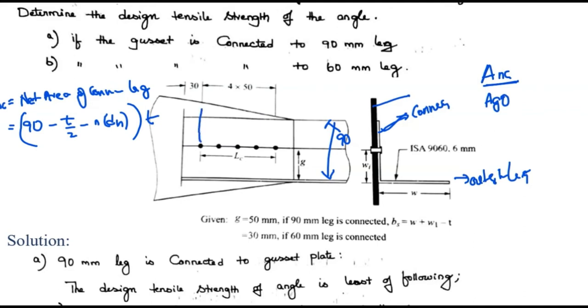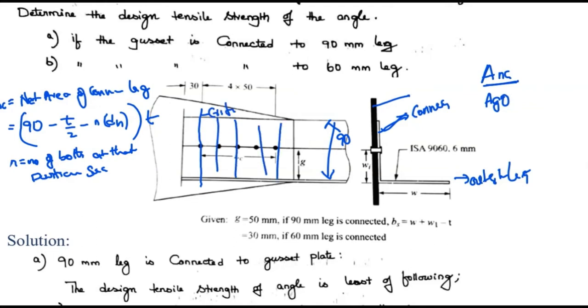At this particular section, how many bolts are there? n is equal to the number of bolts at that particular section. This is the critical section. Of course, there are many critical sections that you can draw, but all these critical sections are similar. Every critical section has only one hole. So if you take one critical section here, what will be the value of n? n equals 1. Therefore 90 minus, what is the thickness? 6 mm.